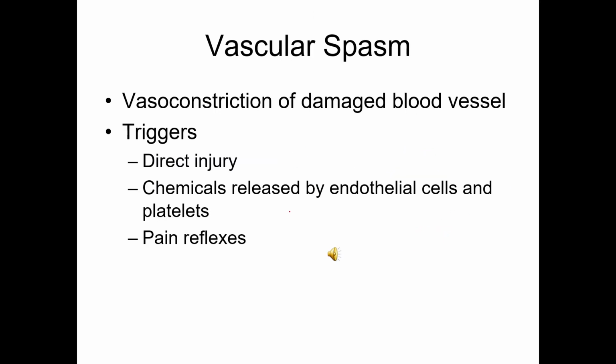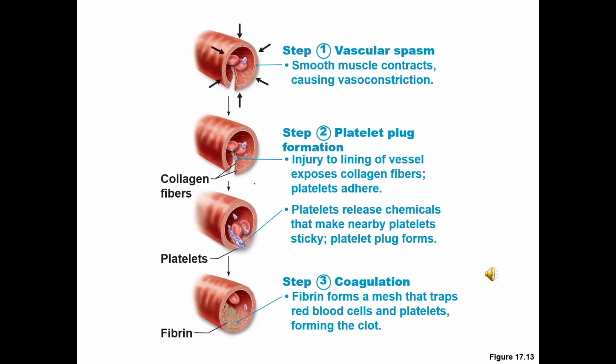Now, what causes the vascular spasm or constriction of the lumen? When injury occurs, as I mentioned, that pain reflex occurs due to nerve fibers there, and that is the main reason why the contraction of the smooth muscle occurs.